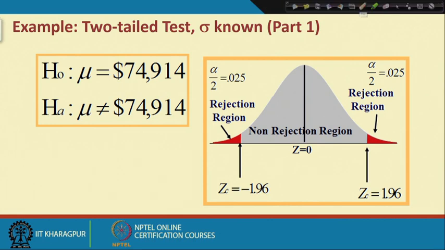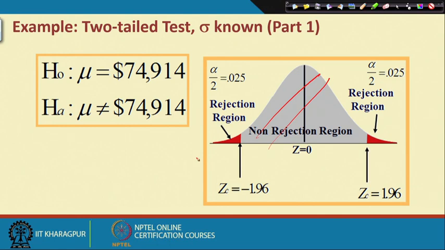So technically, this 95% area is called the accepted zone, that is the non-rejection zone, and the remaining two parts are the rejected zones, 0.025 and 0.025.